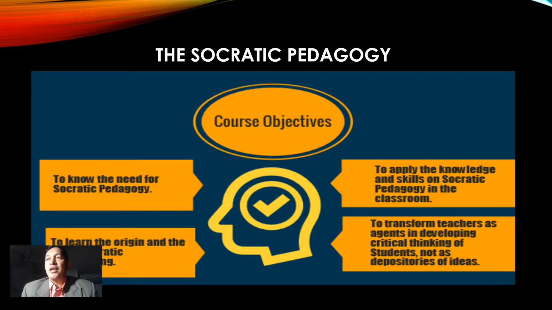We also would like to learn how to apply our skills in Socratic pedagogy in our own classrooms and study best practices. And last one is how we transform ourselves into agents of developing critical thinking and creativity in our students, not just depositors of ideas.